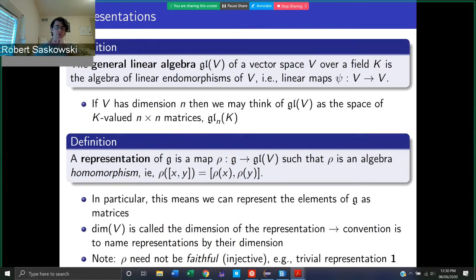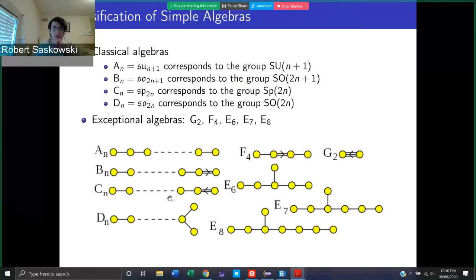Now there is one special exception to this rule, and that's for the case of D4. If you look at the Dynkin diagram for Dn, you notice that when n is 4, there will be 3 dots arranged symmetrically around a central dot.